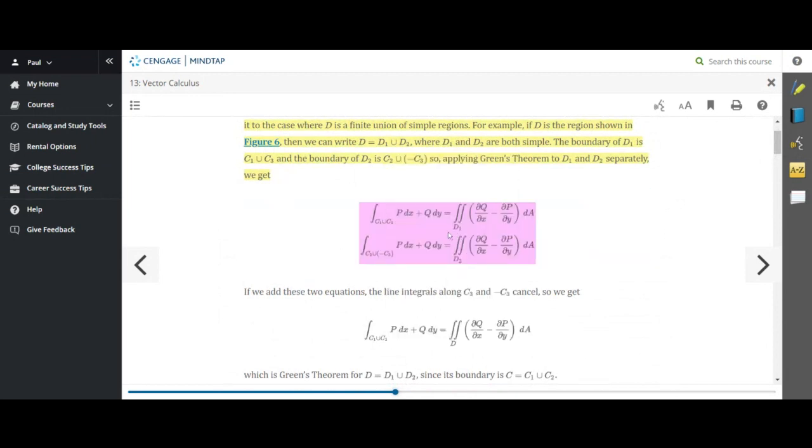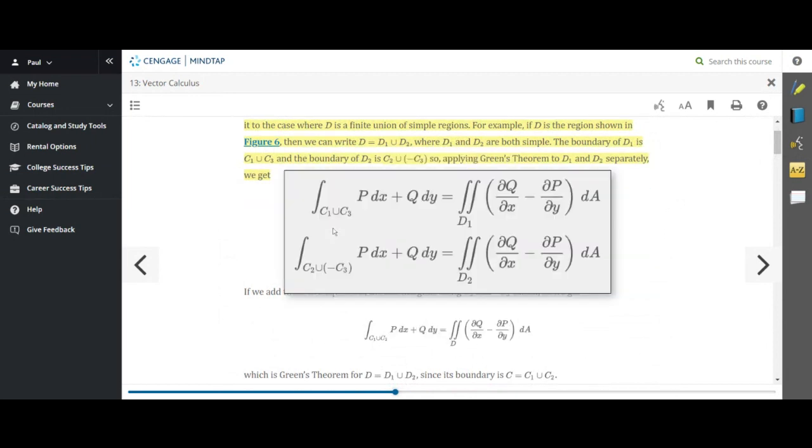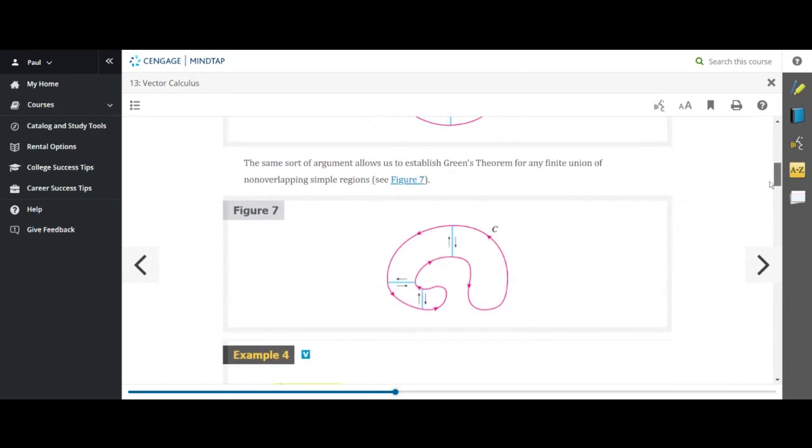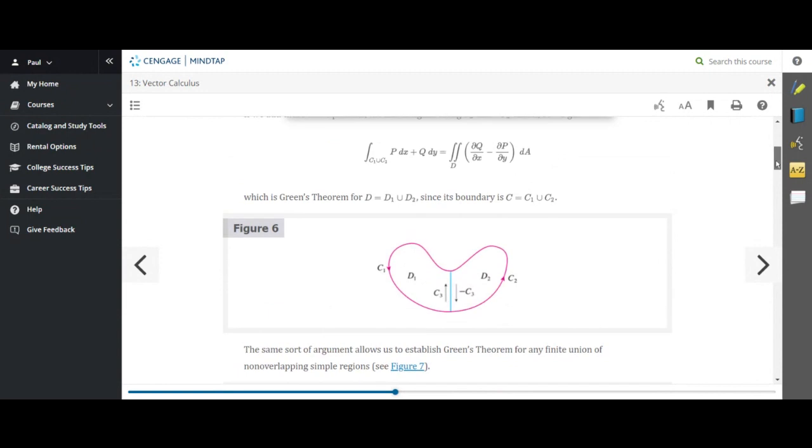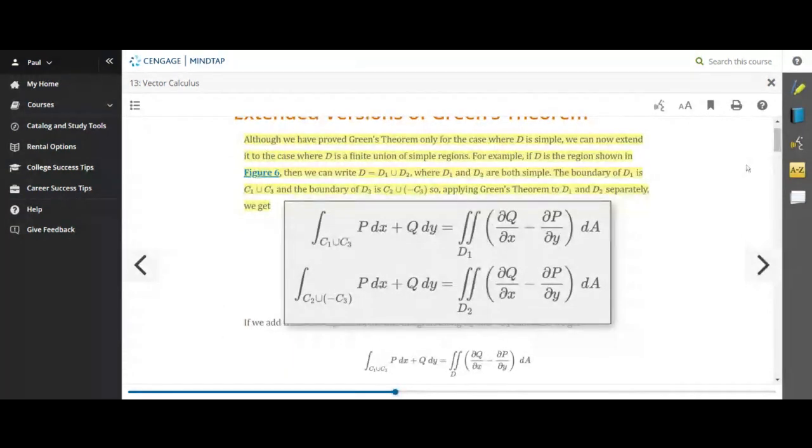the C1 union C3, which encloses region D1 in figure 6, and then C2 union negative C3, which encloses region D2, okay, if you look at Green's theorem here, we apply Green's theorem to both of those closed paths.